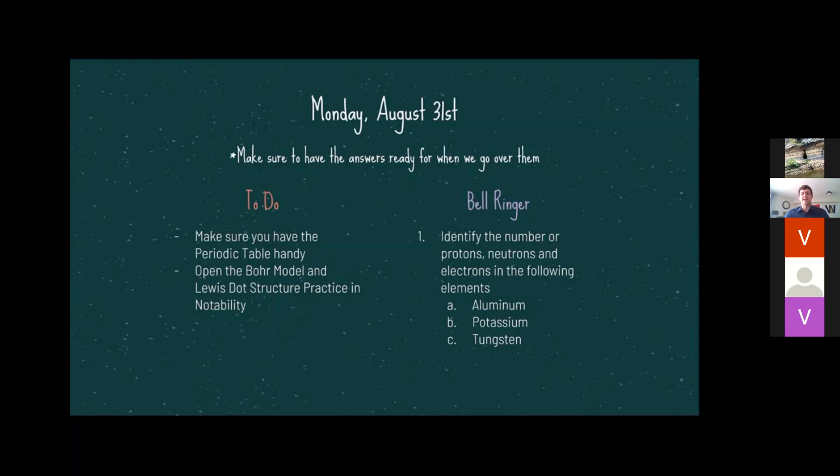The bell ringer says, identify the number of protons, neutrons, and electrons of the following elements: aluminum, potassium, and tungsten. Did you find the protons, neutrons, and electrons of those three things? Did anybody find any of those things for any of the three elements? Did anybody find the protons for aluminum?